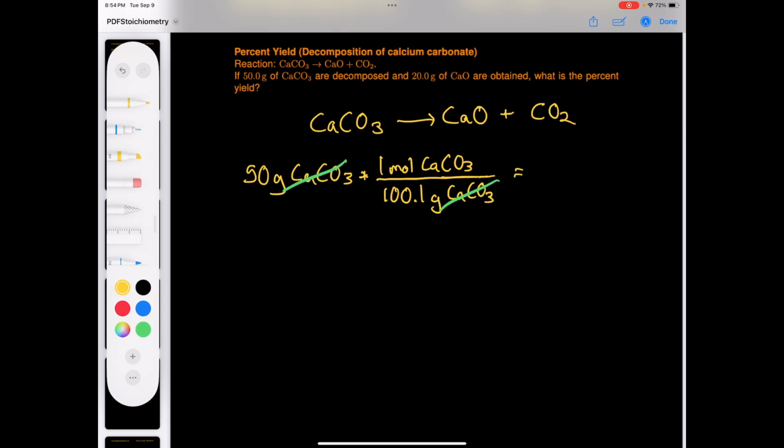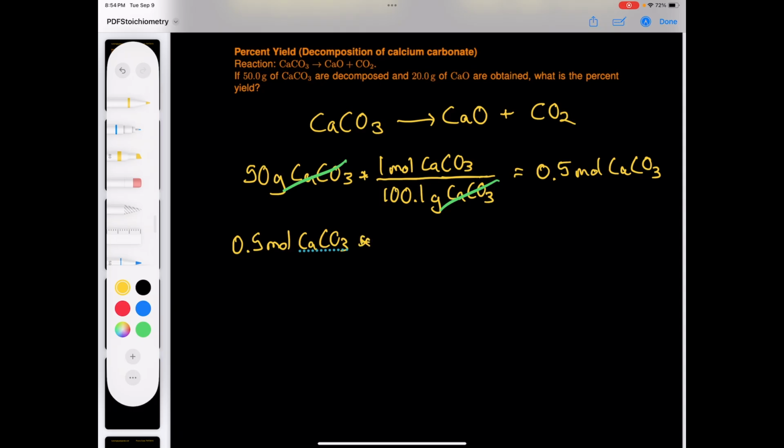Okay. Divide 50 by 100.1. That gives us approximately 0.5 moles of CaCO3. Okay. So now with this 0.5 moles of CaCO3, we're going to calculate what amount of CaO, calcium oxide, we should obtain, right? Basically what we've been doing in these past exercises. That's the theoretical amount.